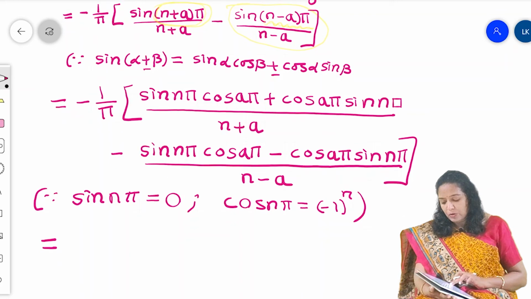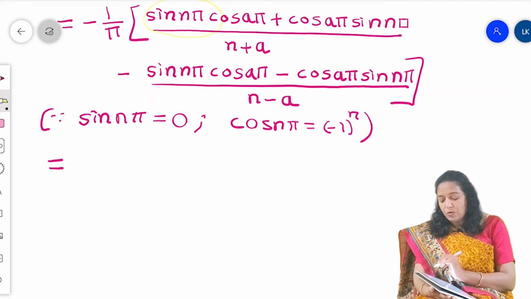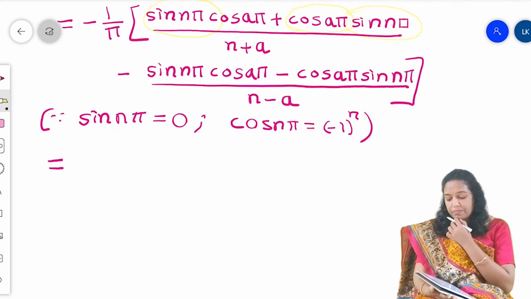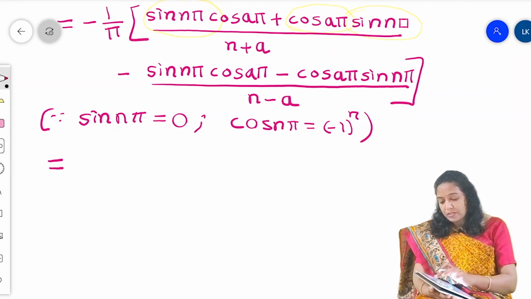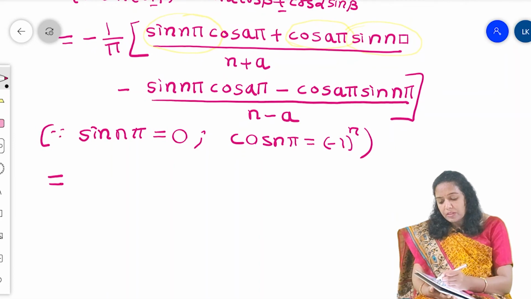Now sine n pi is 0, 0 into anything is 0. Sorry, here there is some mistake. What it is? N pi, a pi, then here cos n pi. Instead of a, there is n pi and here it is a pi. Clear?